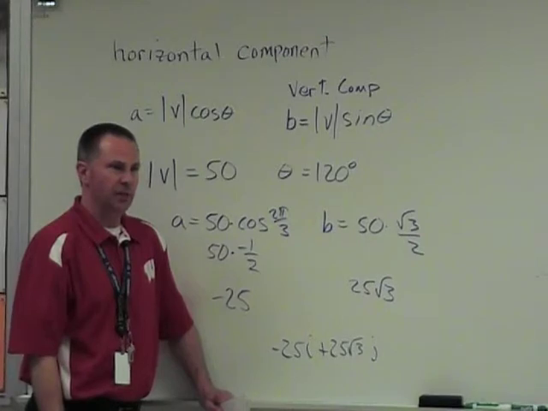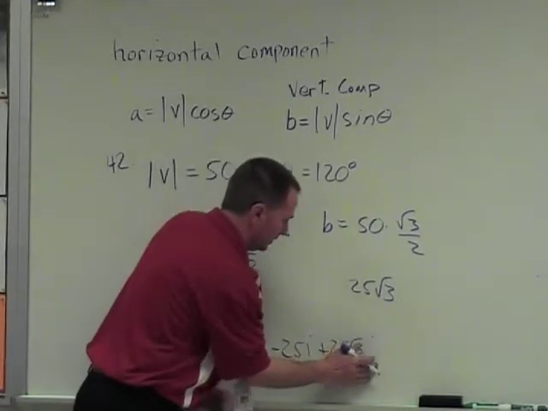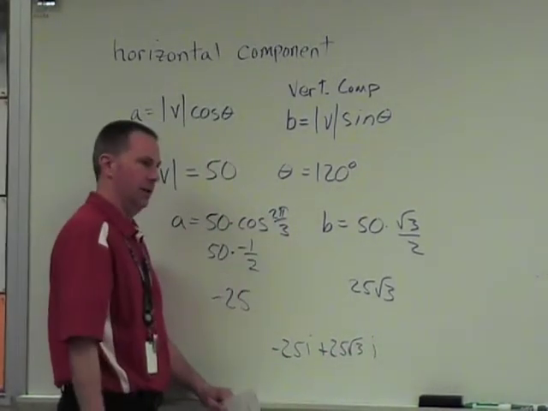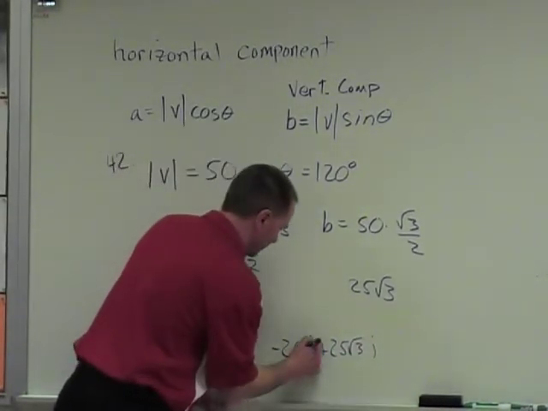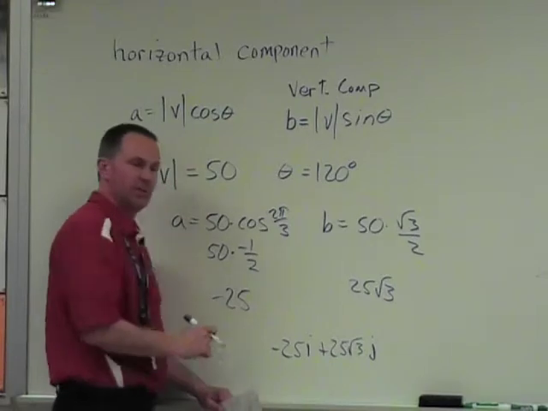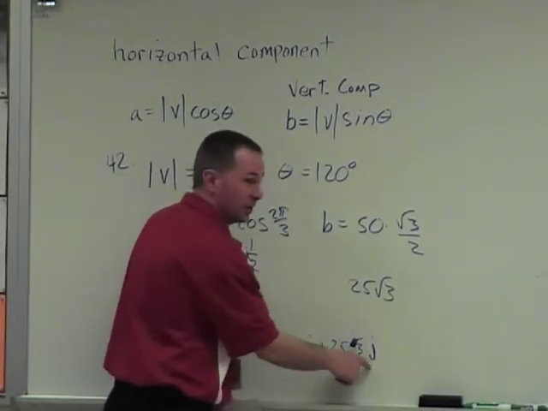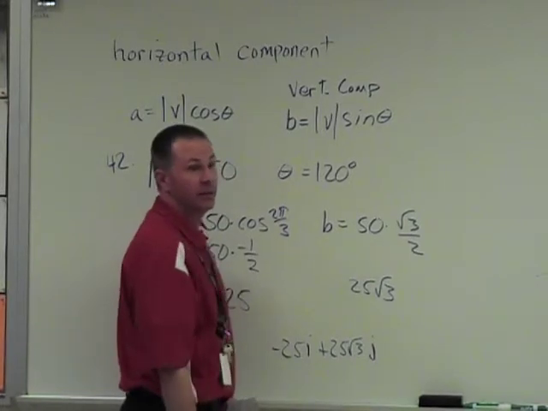Write your i and j correctly. Do the hooks. If you don't do a hook, then I'm assuming it's an i. But make sure the hook is at least on the j going the correct direction.